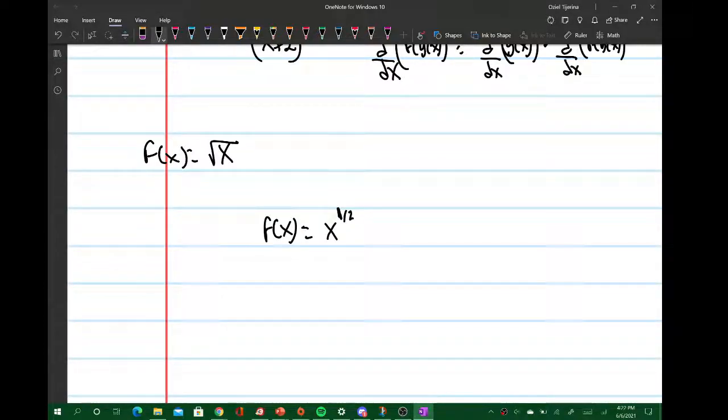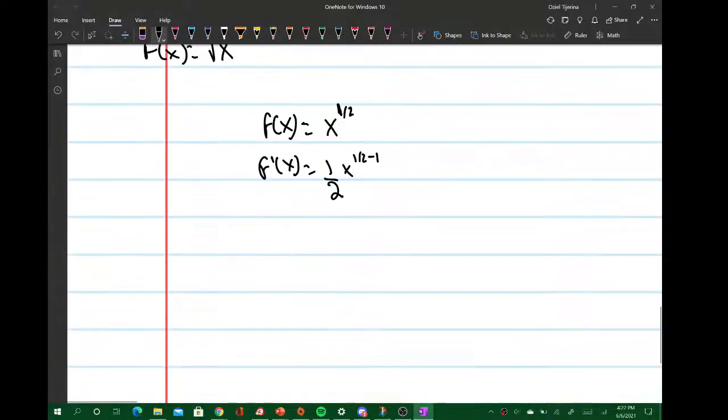Now you can go ahead and say that f prime of x is just equal to 1/2 x to the 1/2 minus 1 power, okay? So f prime of x is equal to 1/2 x, and then 1/2 minus 1.